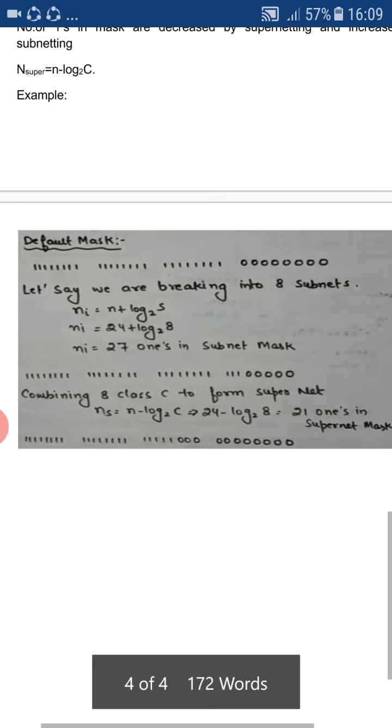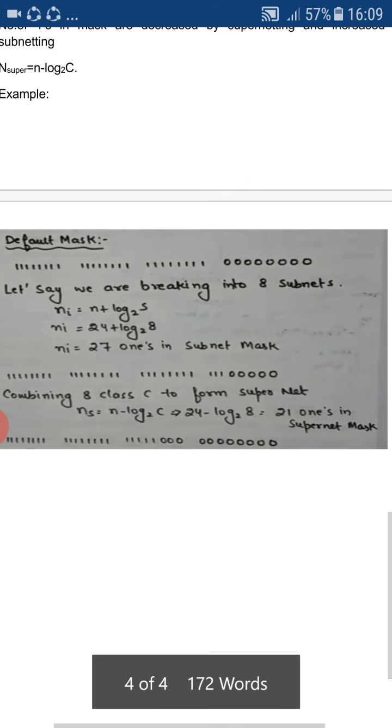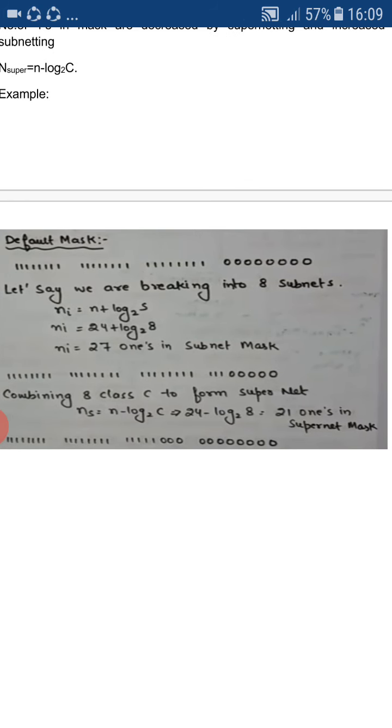To explain both subnetting and supernetting, you can just consider this example. Initially they have taken the class B default mask address. Class B has a mask address of 24 ones and 8 zeros. Now if we break this network into 8 subnets, then to calculate the subnet ID we have n, that is the length of the subnet ID, plus log of the blocks we divided.